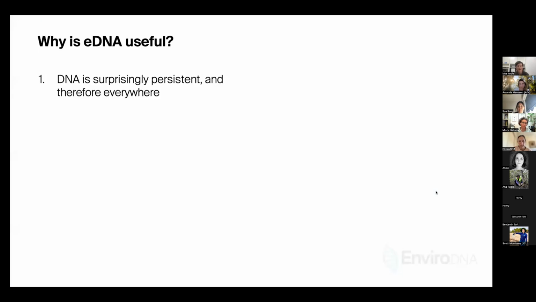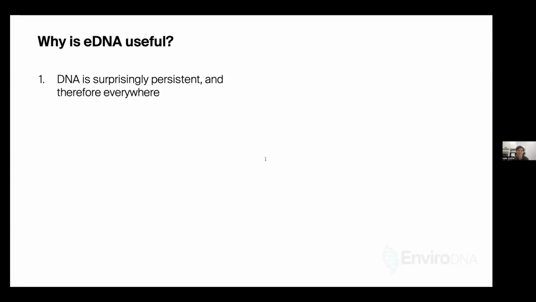So why has eDNA become useful so quickly? I guess it stems from three main factors. The first is the surprising observation that DNA is actually quite stable, much more widely stable than people have assumed, and across a wider range of environments, at least once it has been sheared into little pieces.